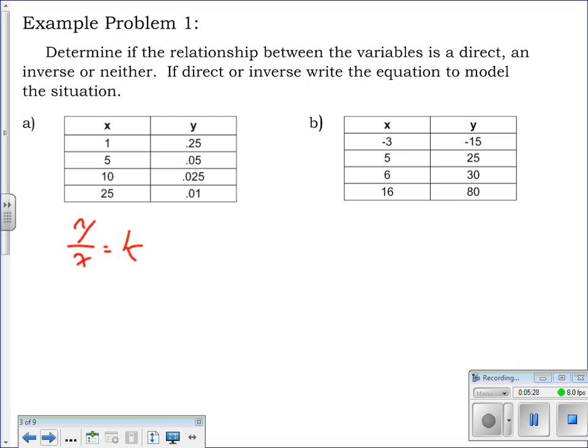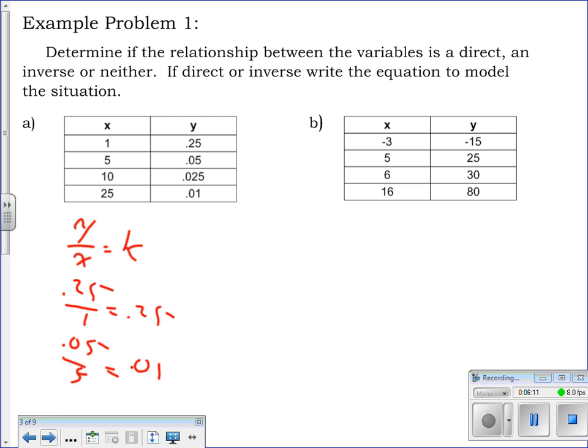So I tried that. 0.25 divided by 1 is 0.25. 0.05 divided by 5, get your calculators out and check it. Yeah, 0.01. So it's not direct.